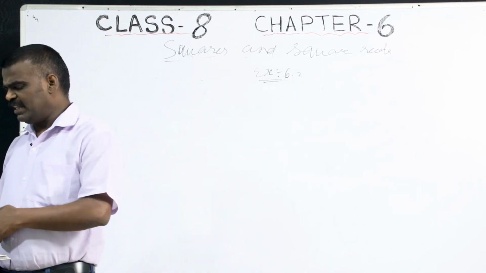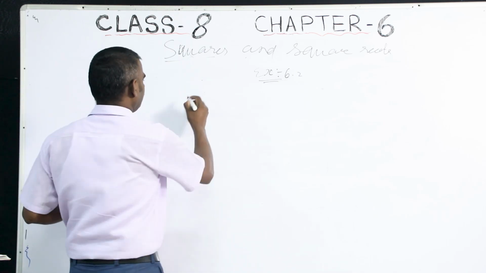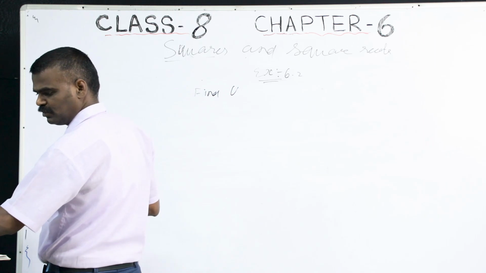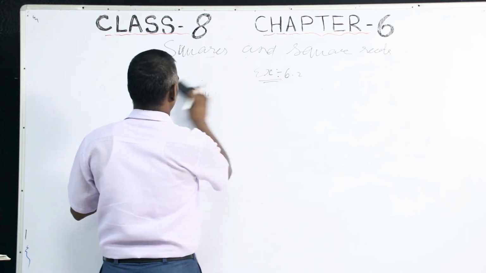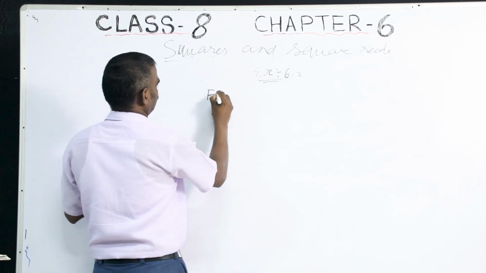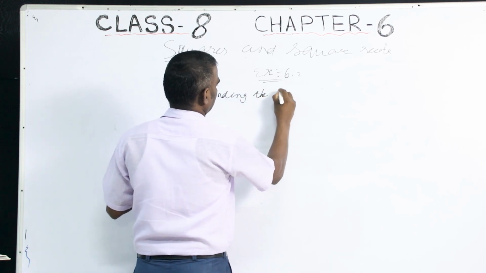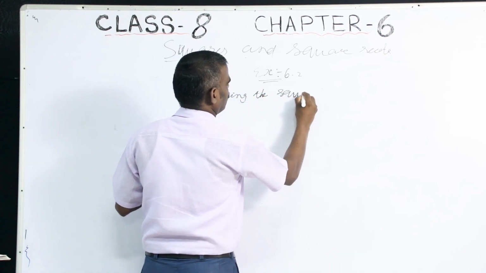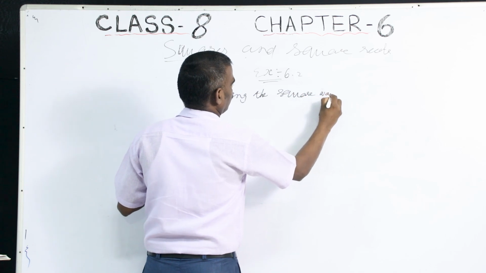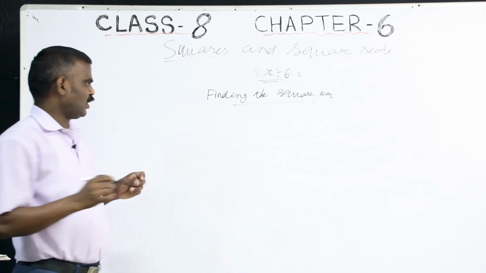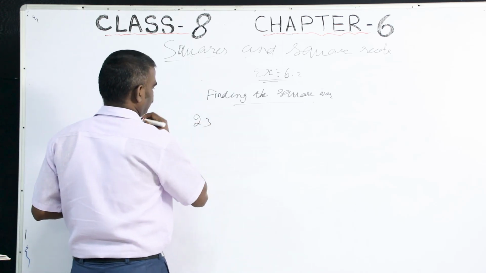Now, finding the square numbers. Suppose 23.